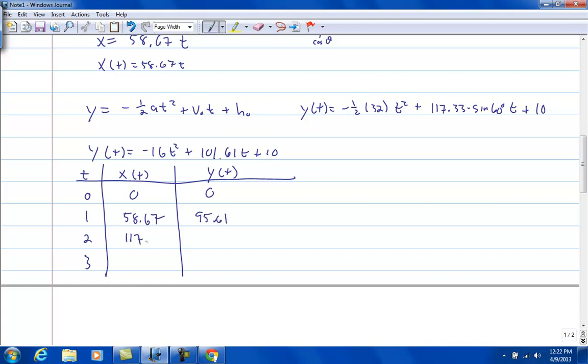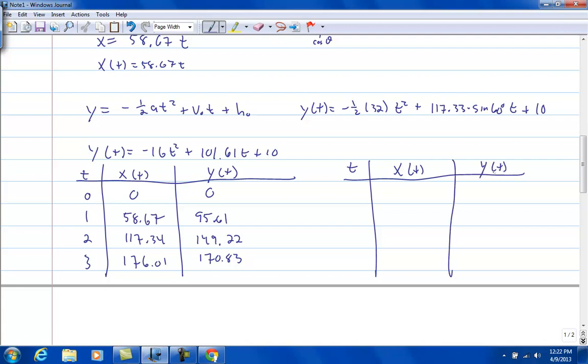Then we're at 117.34, then 149.22, so we're definitely still climbing vertically, and then 176.01, 170.83, and 234.68, 160.44. So we're kind of slowing down and going up.